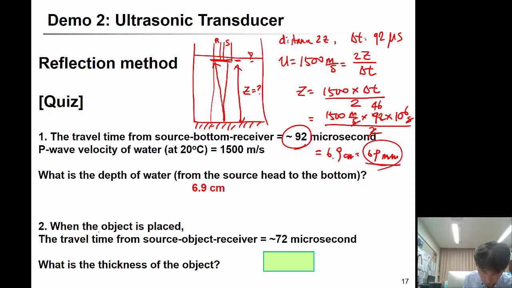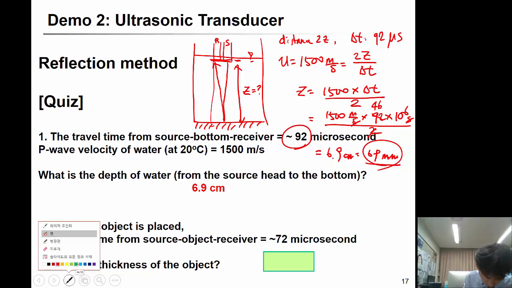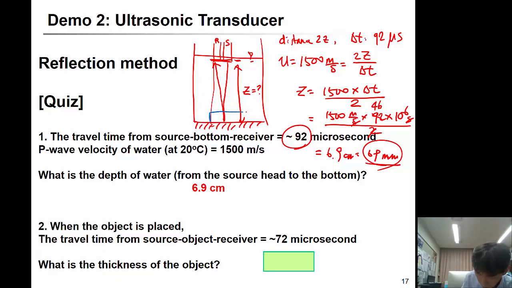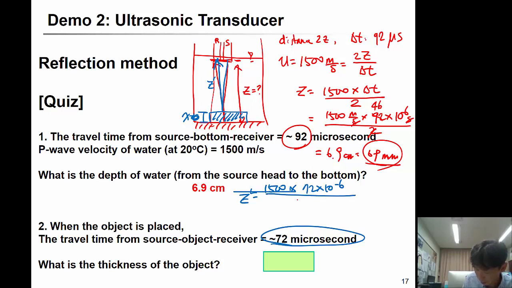And if there's some object here, and we don't know the thickness of it, maybe let's say x, and the distance is unknown, but the delta t has reduced by 72 microseconds. So then now this is the z prime, so that z prime will be 1500 times (72 minus 10 to the negative 6) over 2.